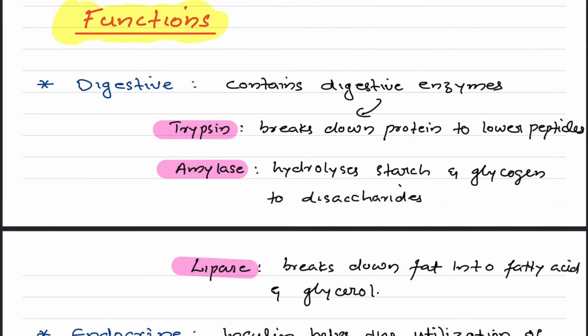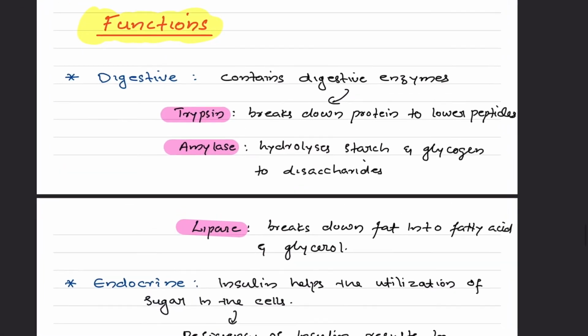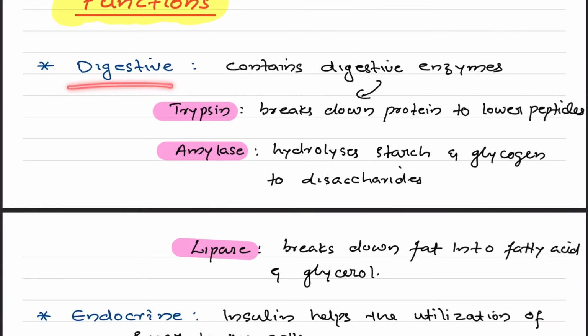Now we will discuss the functions of the pancreas. The main function of the pancreas is digestion. So it helps in digestion. How? It contains many digestive enzymes. What are they? Trypsin, amylase and lipase. The complex food we have eaten should be broken down into minute particles like glucose, fatty acids and amino acids.